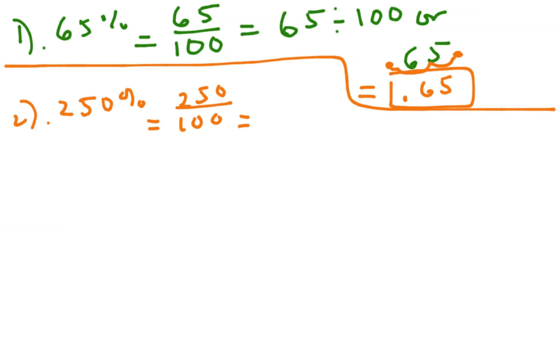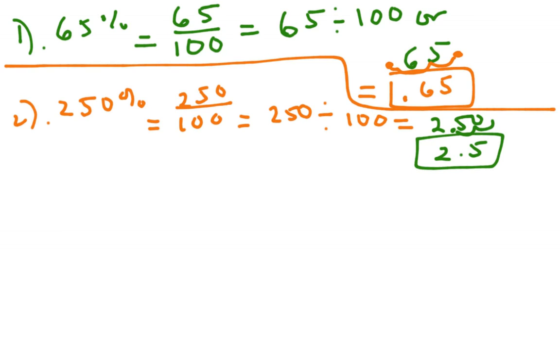So 250%, the same as 250 over 100, the same as 250 divided by 100, which is equal to 250 moving the decimal 2 places to the left, which is 2.5. Now remember, I was expecting more than 1, so that is a reasonable answer, 2.5.